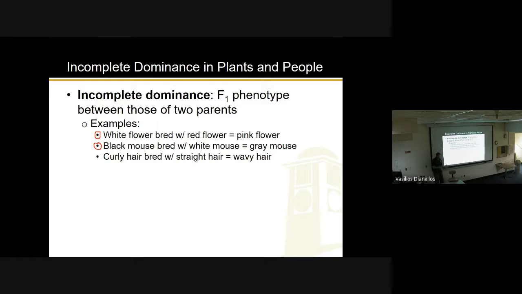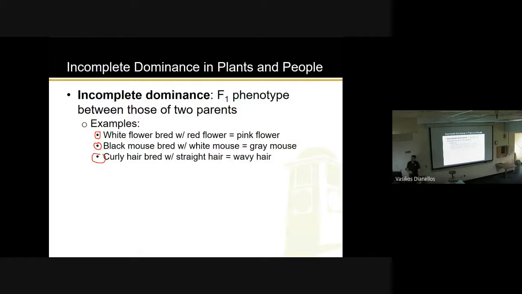Because it's either black or white. In this case, it's in between the two. And finally, another example could be curly hair with straight hair, and you get what's in between curly and straight, which is wavy. So any questions about incomplete dominance? Again, the key to recognizing this is it falls between the two phenotypes. That's it. It should be a pretty simple concept.